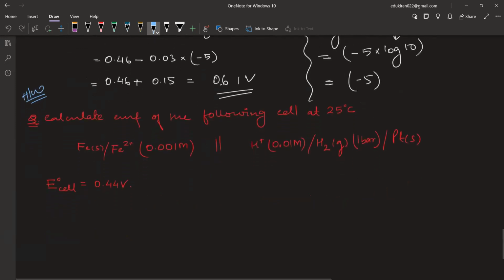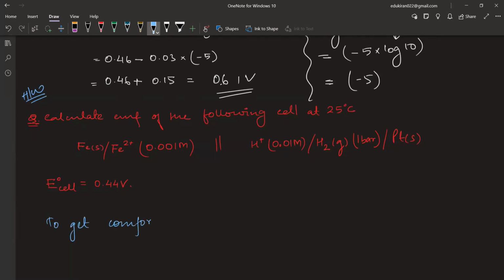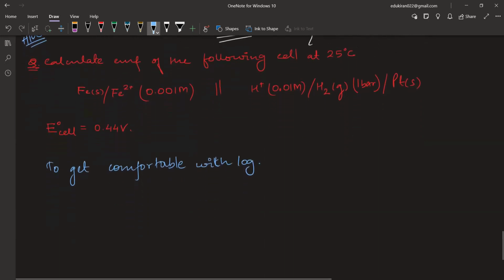And the another thing that you have to do is to get comfortable with log. How will you get comfortable with log? You will do the following question. Question is calculate the following.